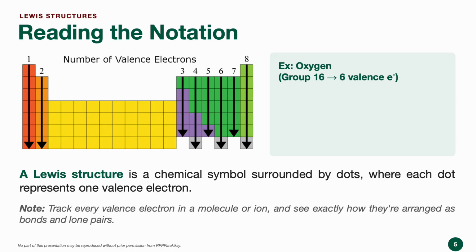So writing the Lewis structure, we draw 6 dots around O, and once we start bonding atoms together, some of those dots turn into shared pairs sitting between two symbols, and the rest will stay as lone pairs. So the whole point of the Lewis structure is to let you account for every single valence electron in a molecule, which is exactly why getting the valence electron count is the first step.